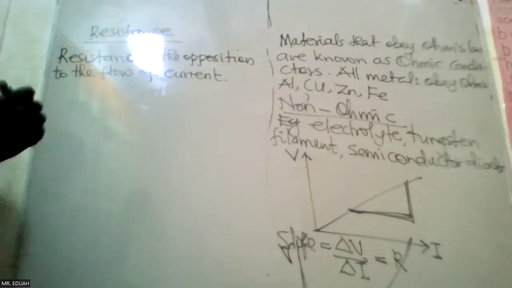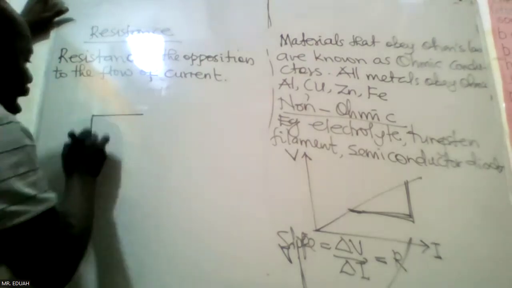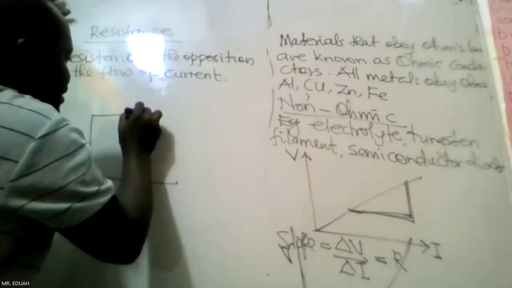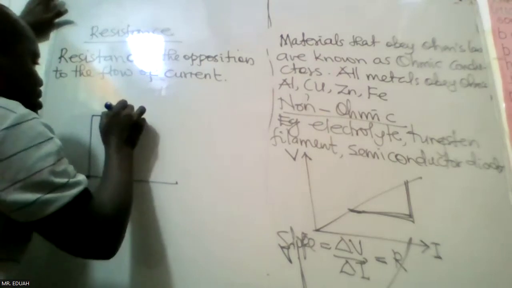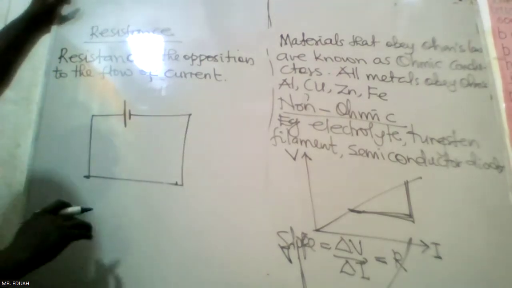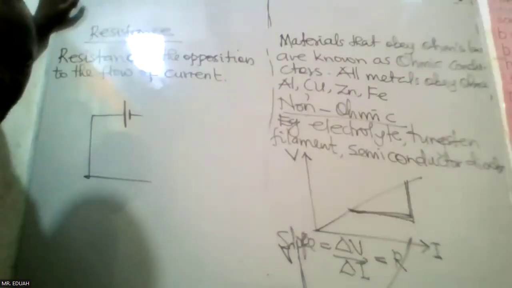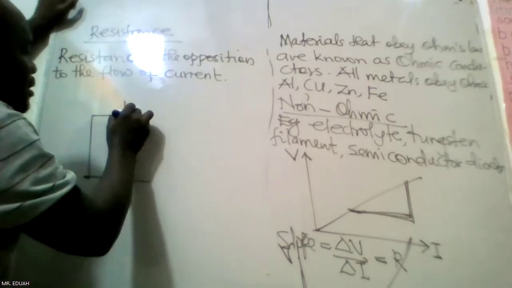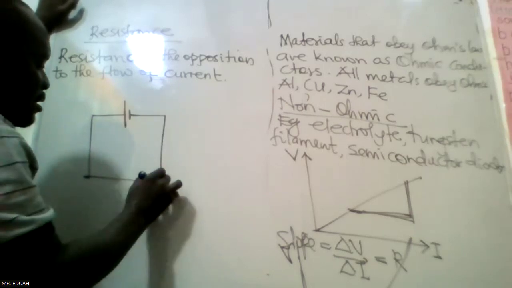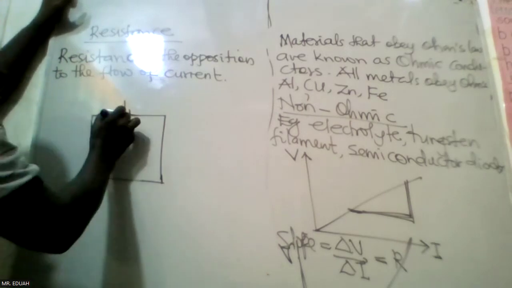Now, Radia, within a conductor, if this is a wire, for current to flow, the circuit must be closed. We need to have a source of EMF. Okay, are you there? Yes. This is the wire.